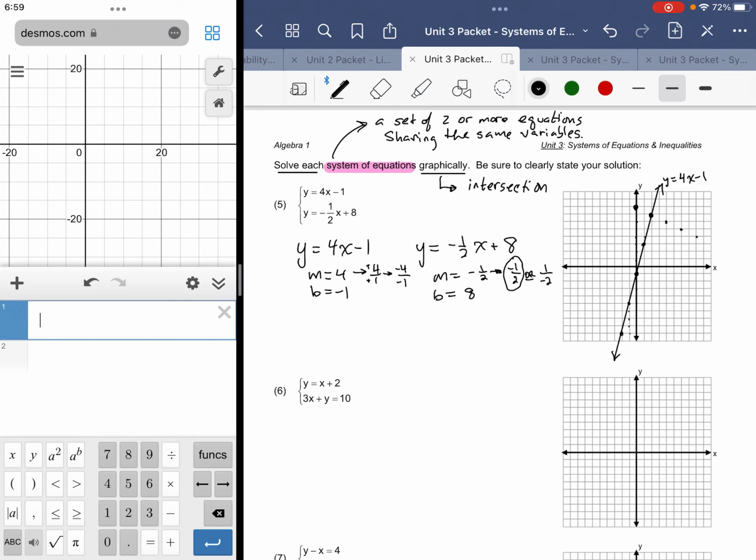If it were the second one, that would be the same as saying up 1, left 2. We can do that a couple of times. Draw a nice straight line through all of these points, and take note of the intersection.